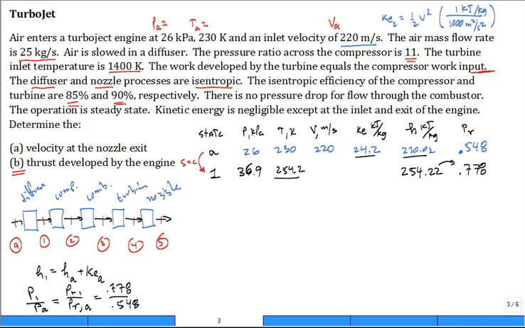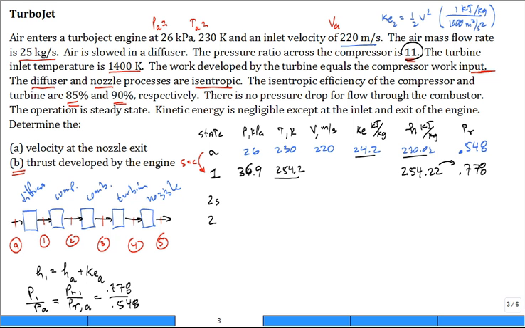Okay. Now we go through the compressor, state 2, but they give us the isentropic efficiency for the compressor, so I suspect I'm going to need 2S and then 2. I'll have to do it in 2 stages, right? So they tell me that the outlet to the compressor has a pressure ratio of 11.